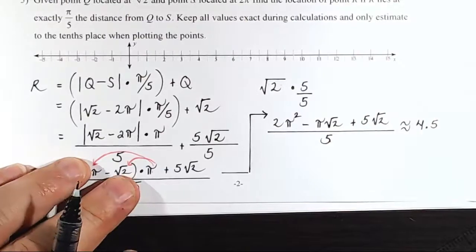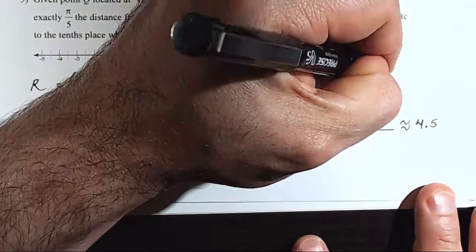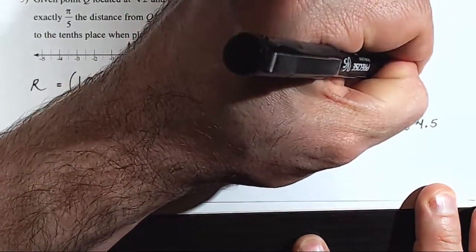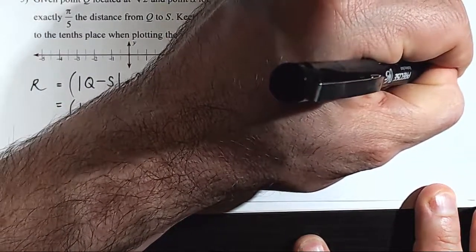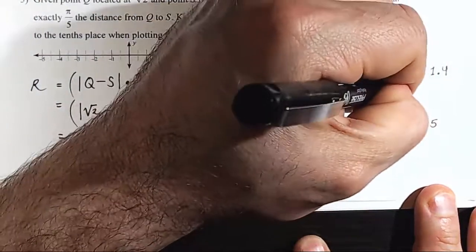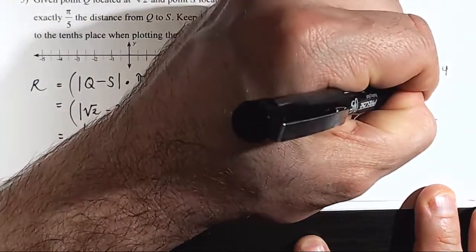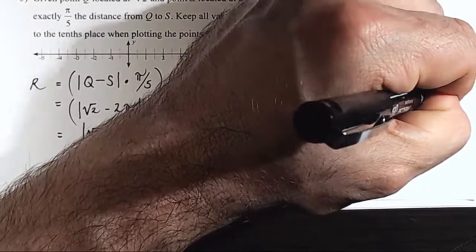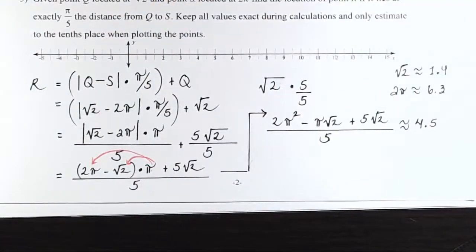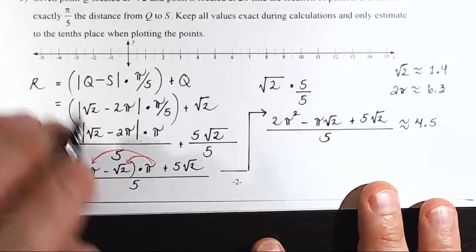All right. So square root 2 is approximately equal to 1.4, and 2 pi is approximately equal to 6.3. 6.28. All right, so now we can plot these points.